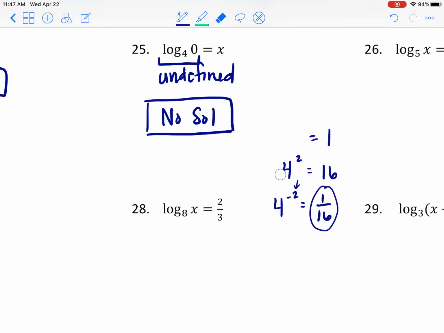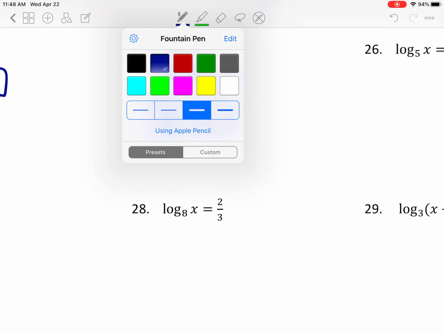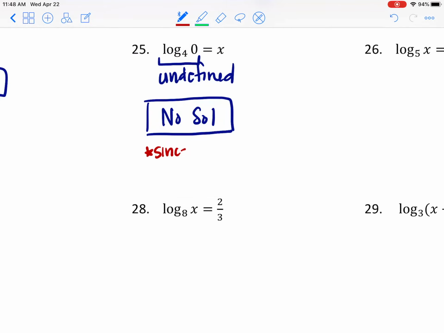So since it isn't possible to raise a number to a power and get 0, then taking the log of 0 is never going to work, right? This will never be possible. So since you can't raise 4 to some power and make 0, well, I want to say this more generally.